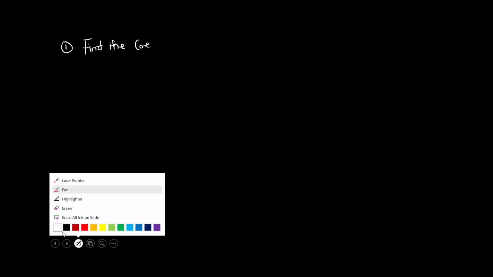So we have to find the coefficient. Sorry, let me erase that. So this is a little bit different from the previous one.